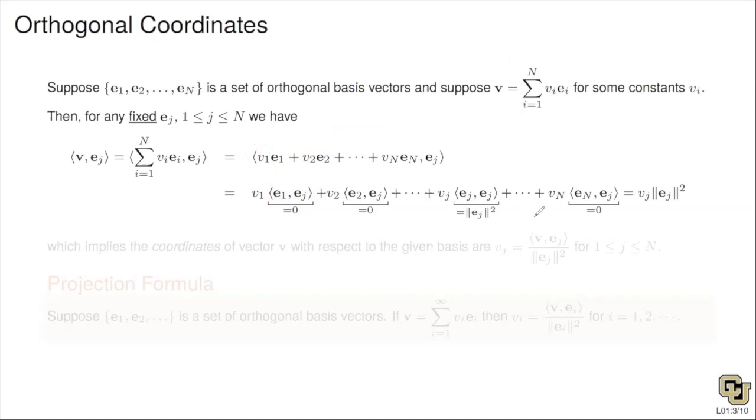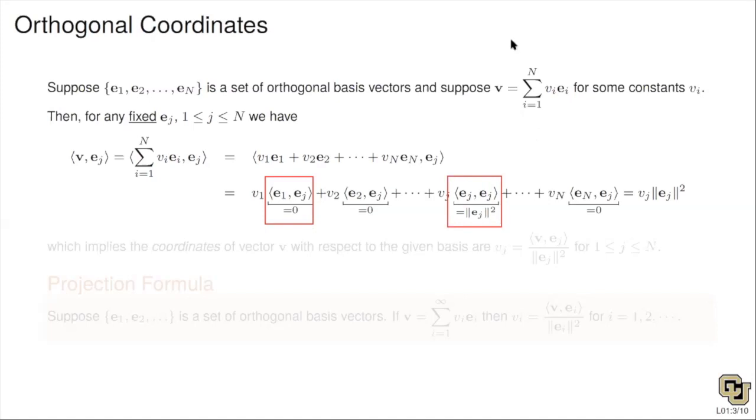And now the orthogonality kicks in. It's really important to appreciate the orthogonality. It tells us that if the basis vectors are different in the inner product, then it equals 0. And if they're not different, then it equals some number, which we call norm e sub j squared. That's just the notation we use for a vector's inner product with itself.